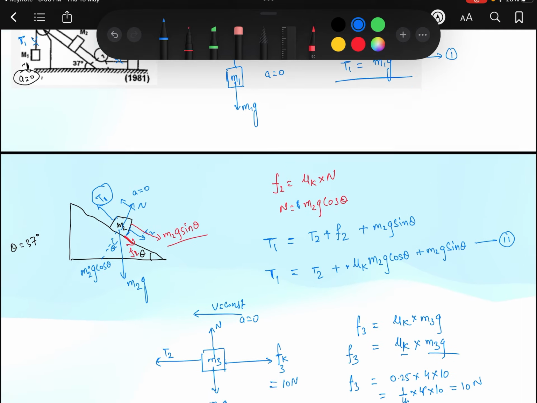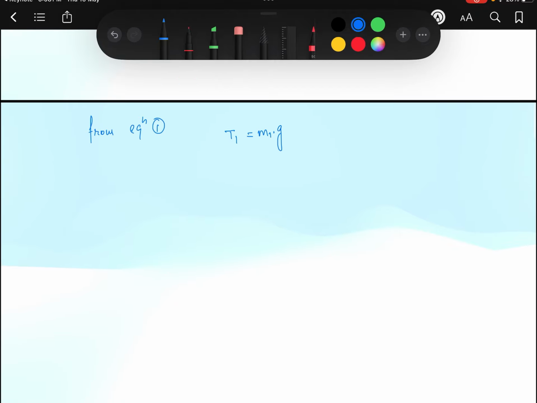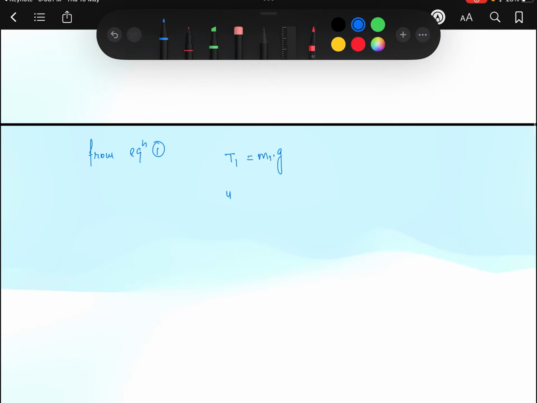Now from equation number 1, we already know that T1 is equal to m1 into g. So the value of T1 we are getting is 42 Newton, so 42 Newton is equal to m1 into g, where g is 10 meter per second square.